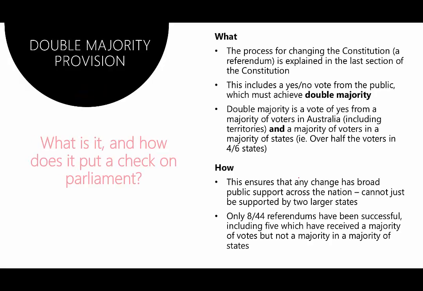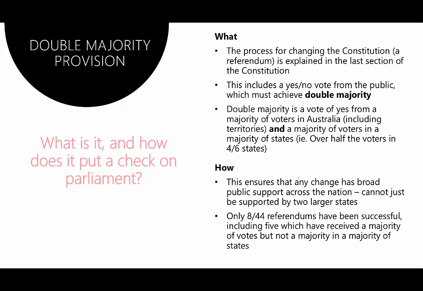So look, double majority, last one, last check that we have to cover is the idea that to change the Constitution, you have to have a referendum. In a referendum, every voter in Australia must vote. So all 18 million eligible voters or whatever it is. And the only way a referendum can pass is if a majority of voters in Australia overall vote yes, and also a majority of voters in a majority of states.